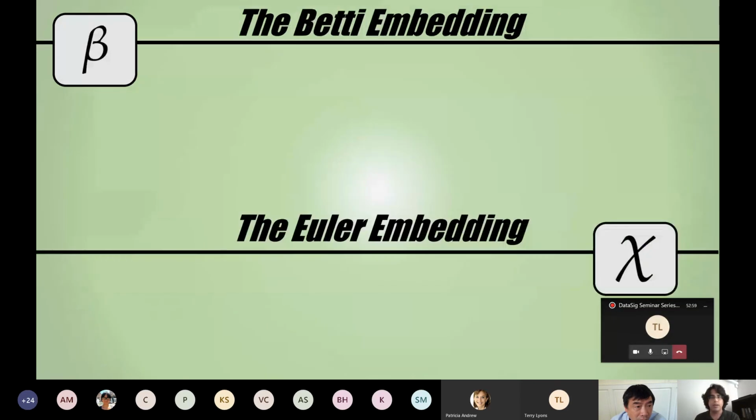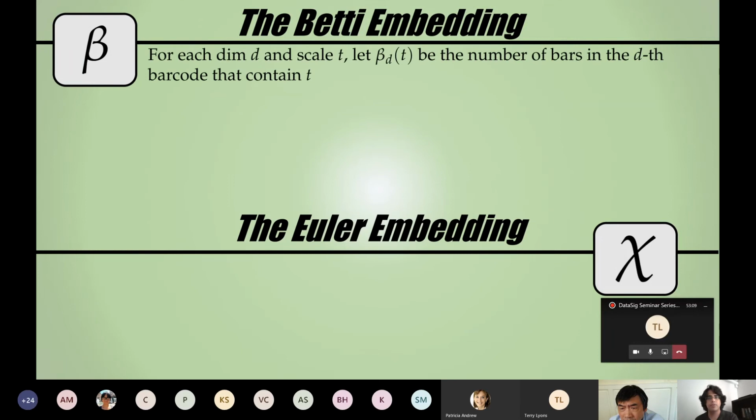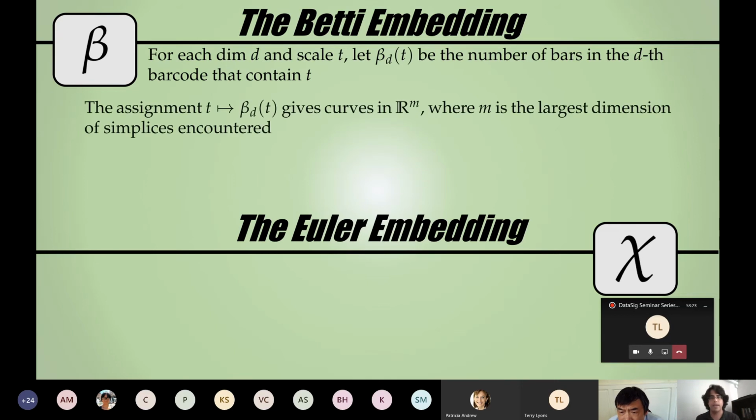Okay, the second one is split into 2. There's a hard one and an easy one. The harder one is called the Betti embedding. You take each dimension d and each scale t, and let beta sub d of t be the number of bars that contain t in the d-dimensional barcode. Then the assignment of t to beta_d(t) gives curves in R^m, where m is the largest dimension where you have simplices.